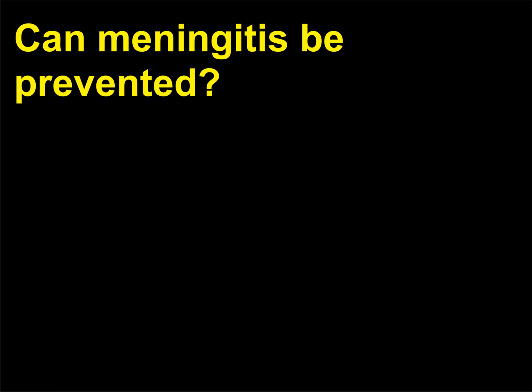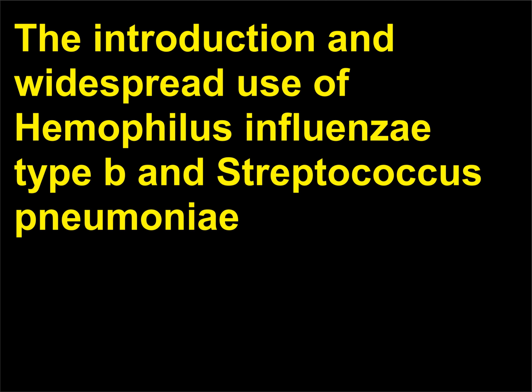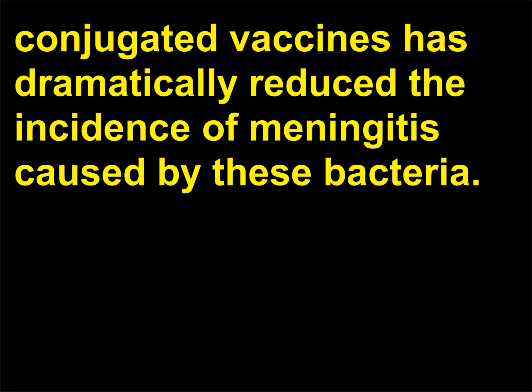Can meningitis be prevented? The introduction and widespread use of Haemophilus influenzae type B and Streptococcus pneumoniae conjugated vaccines has dramatically reduced the incidence of meningitis caused by these bacteria.